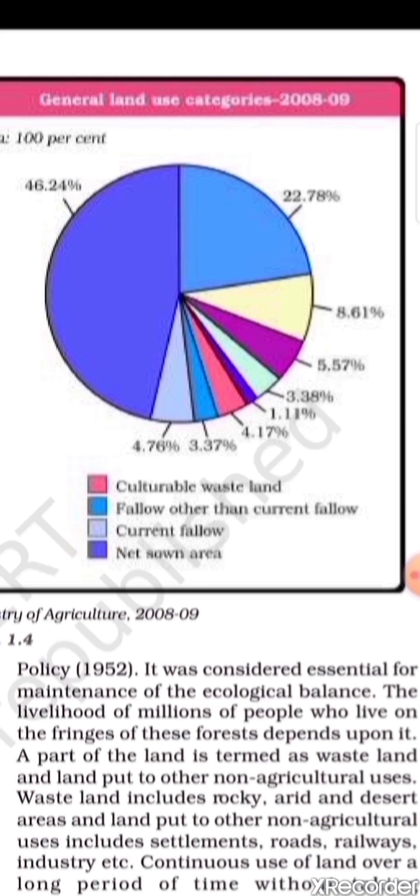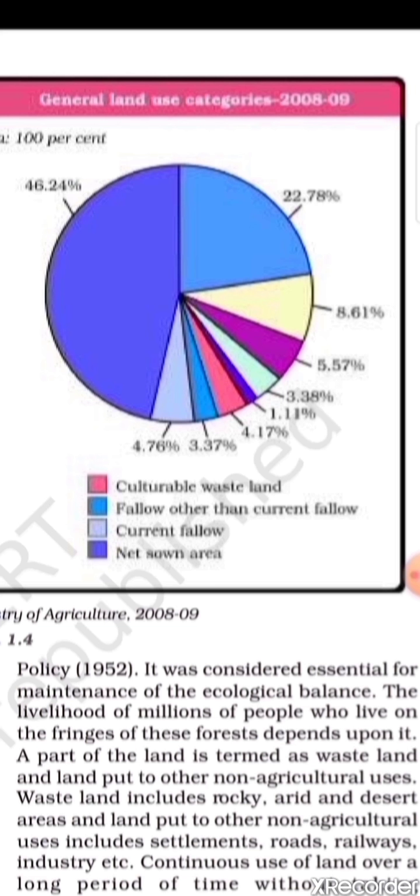The next is 3.38%, which was the permanent pasture or grazing land, and 1.1% was used to grow groves and other trees like bamboo and trees for fuel. Next, 4.17% was the cultivable waste land.